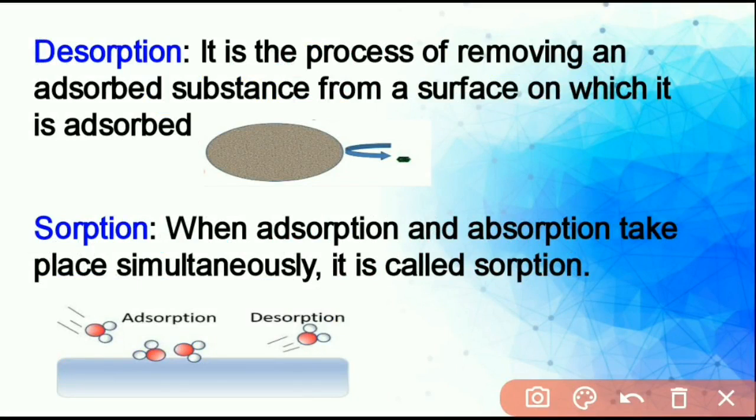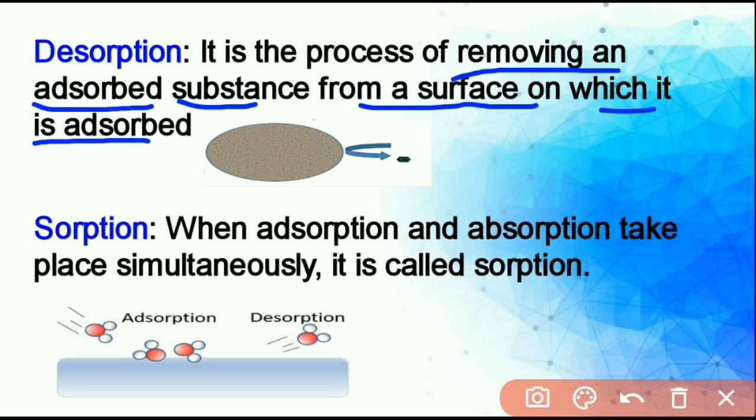Desorption. It is the process of removing an adsorbate substance from the surface on which it is adsorbed. So it is just the opposite process of adsorption. Here the adsorbate is removed from the adsorbent surface. See the picture. The next process is sorption. When adsorption and absorption both take place simultaneously, it is called sorption.